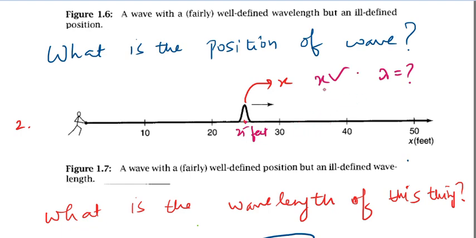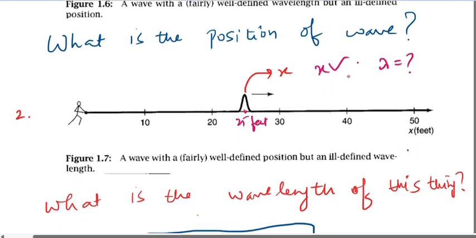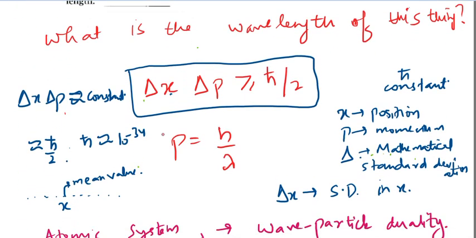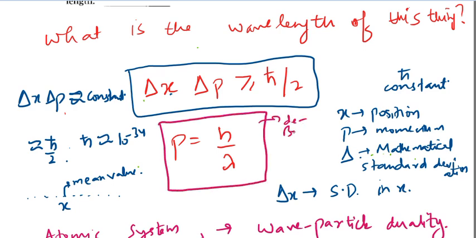Now you might ask me, okay sir, but the Heisenberg uncertainty was between position and momentum, not between position and wavelength. It is really a position and momentum thing, because there is another very famous expression that you have seen somewhere, the de Broglie expression. Don't go into my pronunciation. Wavelength is directly related to momentum.